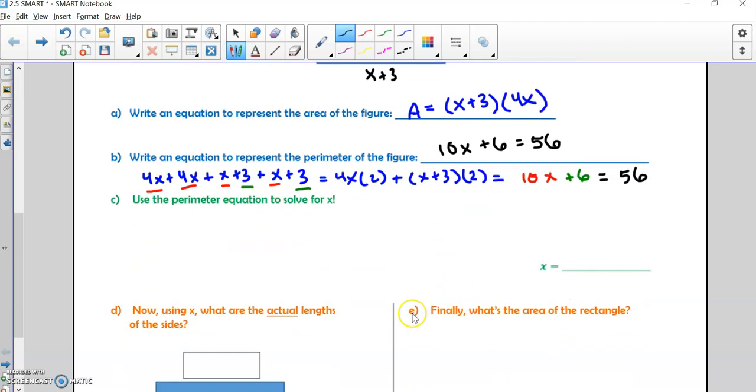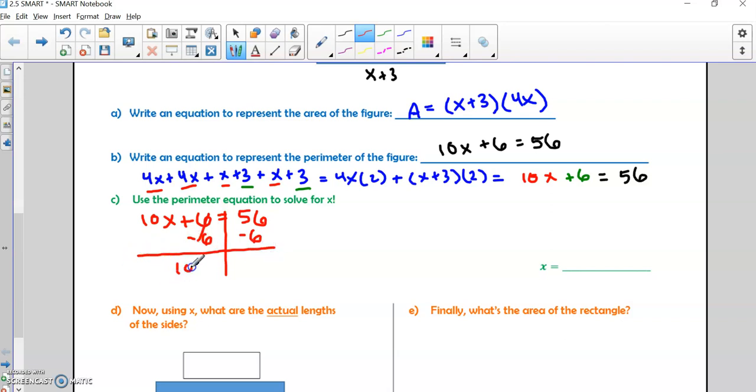Now that we have an equation that represents our perimeter, we can use this equation to figure out what x is. So let's say we write our equation here, 10x plus 6 equals 56. And now we can go ahead and solve. Just as you guys are used to, we'll subtract 6 from both sides.